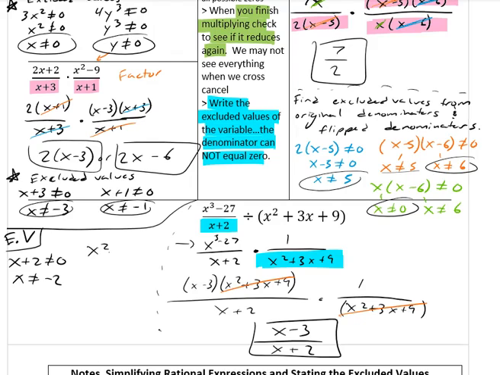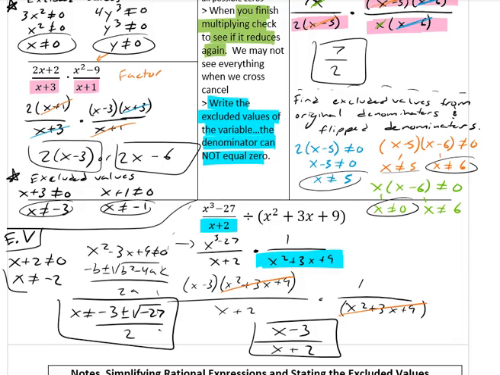X squared minus 3x plus 9 cannot equal 0. At this point here, I want to do the quadratic formula. -b plus or minus the square root of b squared minus 4ac all over 2a. And I'm just going to simplify it all. X cannot equal -3 plus or minus the square root of -27 all over 2.